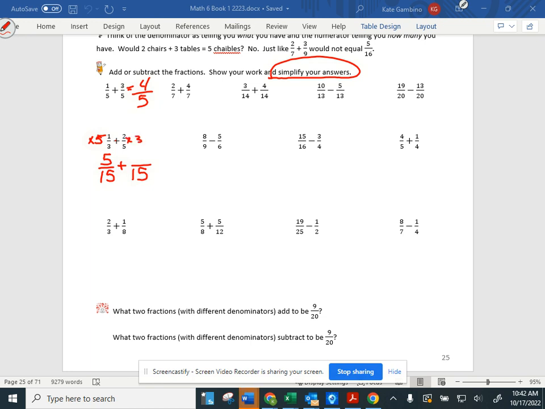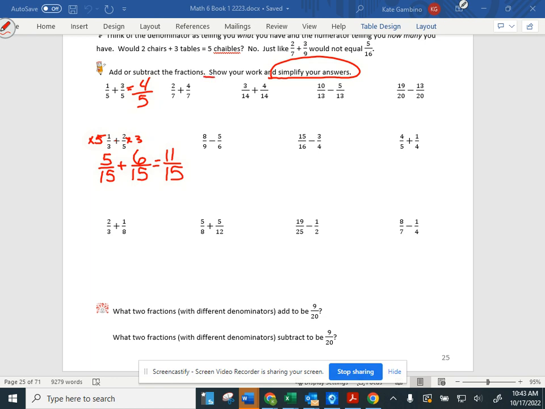So whatever I do to my denominator, I do to my numerator. 2 times 3 is 6. Now I can add them. 5 plus 6 is 11. 15 and 15 stays 15. Denominator stays the same. Can I simplify it? No, the biggest factor they share is 1. 11/15 is as small as it gets.